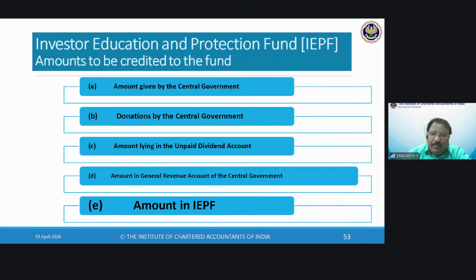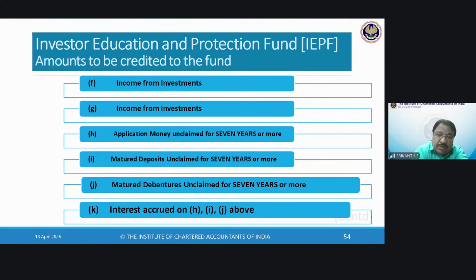Then, whatever money remained unclaimed for 7 years or more was sent. Again, you have to give your DPID. Once you give the DPID, automatically the bank account is there. The only thing possible is, thanks to KYC norms, what would have happened?